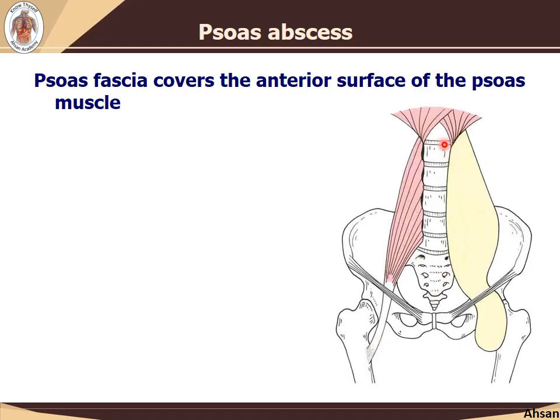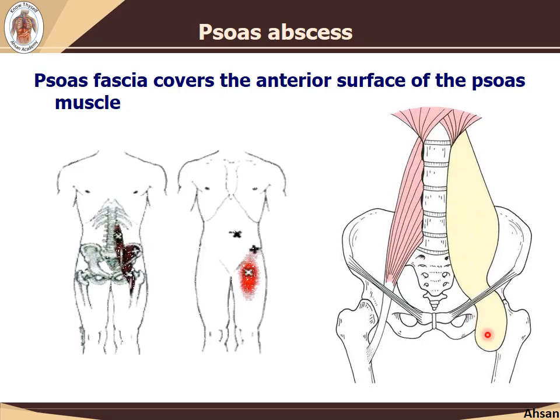So what happens if this vertebra is involved and any fluid or pus accumulates here? It will not accumulate inside the posterior abdominal wall. Because of gravity, it will follow a downward course under the cover of the psoas fascia, which passes deep to the inguinal ligament. The collection will pass into the front of the thigh and, below the inguinal ligament, will make a swelling.